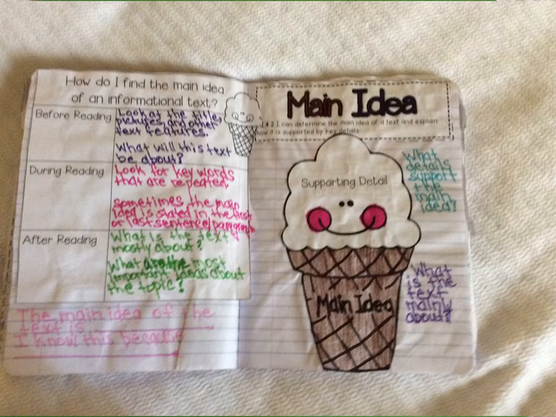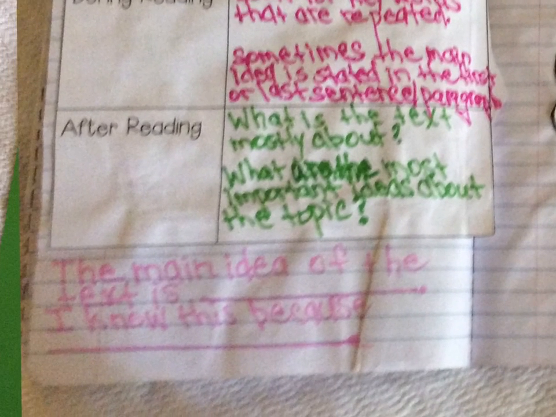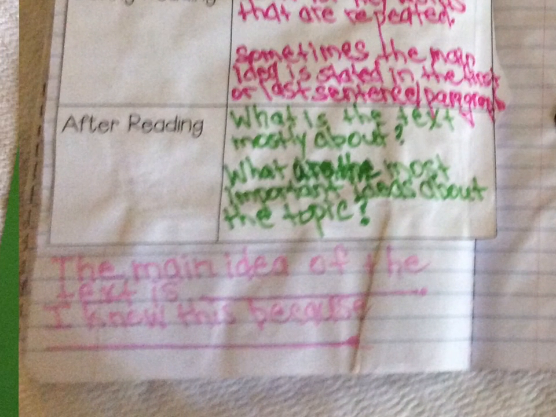Okay, when you glue in your main idea and your graphic organizers, you're going to go over about 18 sheets of paper from where we left off on the plot and the setting. So go ahead and glue in, and at the bottom, you're going to write, the main idea of the text is, I know this because, pause.